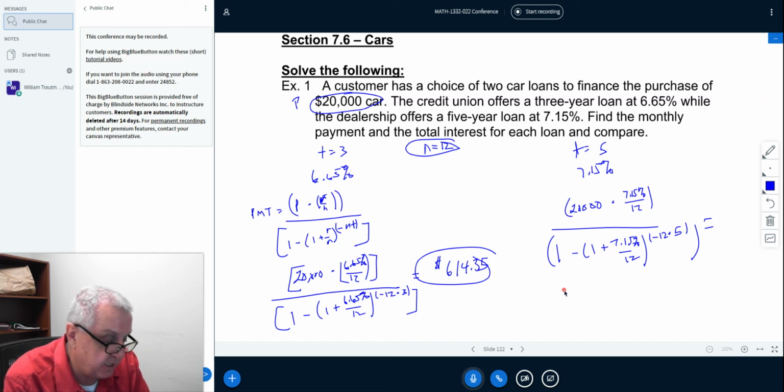Parentheses 1 minus parentheses 1 plus fraction 7.15% over 12. Arrow over, close that parentheses, raise it to a power, parentheses negative 12 but it's times 5 here. We're doing this car loan over 5 years. Close that parentheses. And here the payment is $397.44.